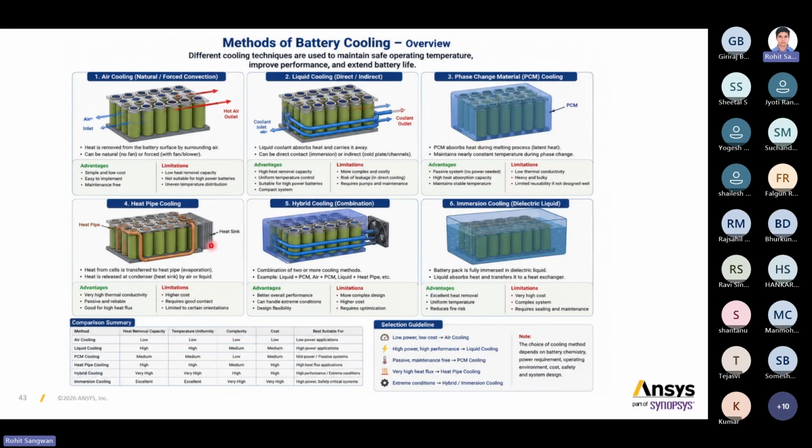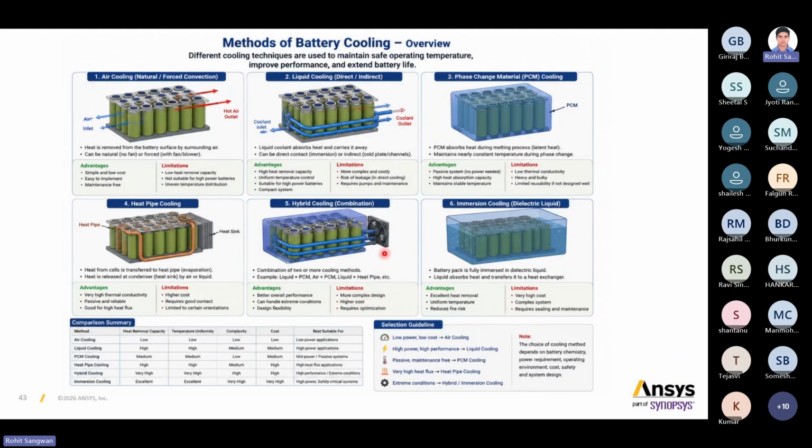Then we have heat pipe cooling, where we have the heat sink as well as the heat pipes. Then we can combine things, air cooling as well as PCM cooling, which we call hybrid cooling. We can add liquid plus PCM, air plus PCM, or liquid plus heat pipe. The more we add, the more complexity increases, and we require more optimization.